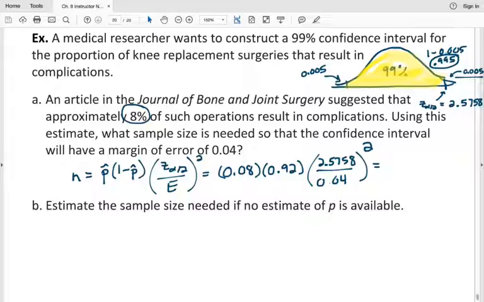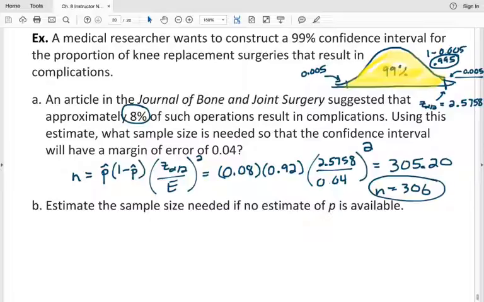And the value that I get when I do that is 305.20 basically. But we know that if I want this to be within that margin of error, we always have to round up. And so that would give me a value of 306.